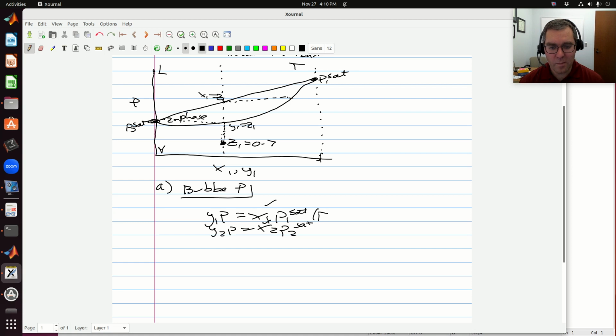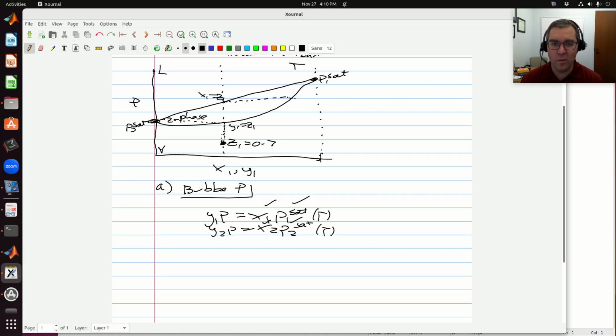They are only a function of T. Think about Antoine's equation: my vapor pressure is only a function of T. So specifying T is equivalent to specifying the values of P1 sat and P2 sat. On the left-hand side, P is what I want to calculate: my bubble point pressure.